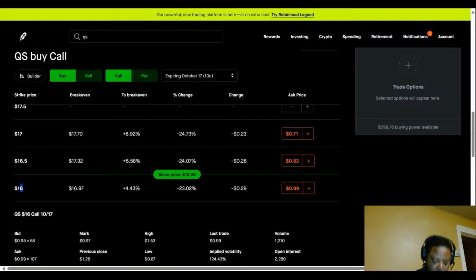Yeah. So, let's run it. 16 times 100, because that's how much you have to spend to buy the shares, right? That's $1,600. I know, but I'm just doing this on a calculator. I don't know if y'all can see that.